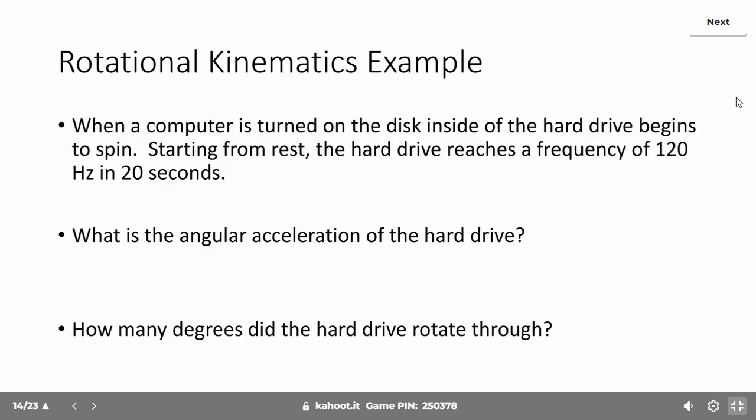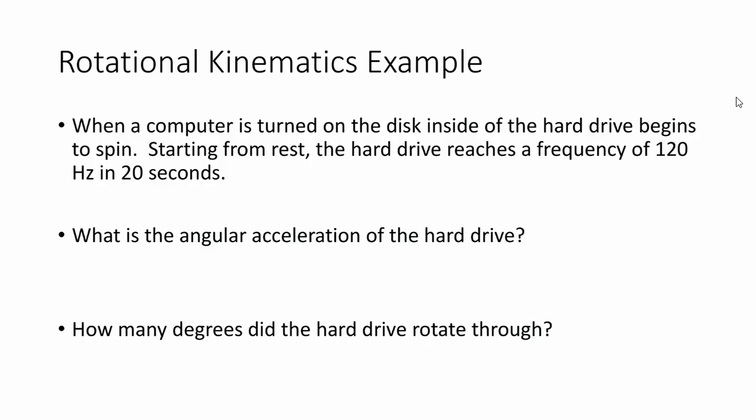So let's do some examples. If you have a not solid state hard drive in your computer, then the way that the hard drive works is by spinning very quickly. So the hard drive can start from rest and reach a frequency of 120 hertz in 20 seconds.